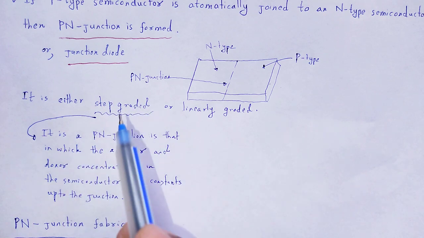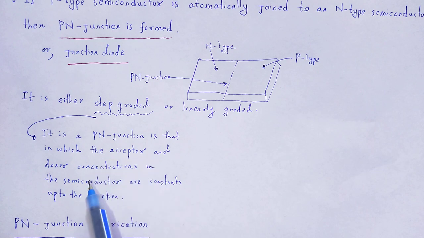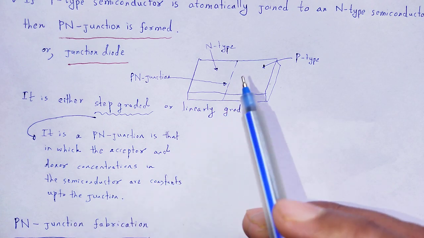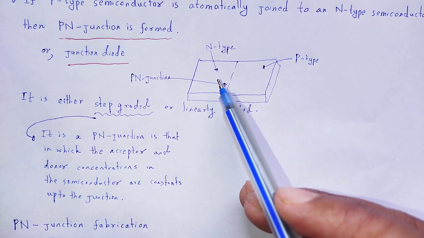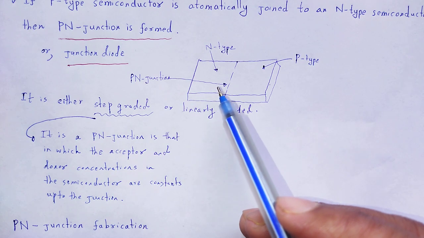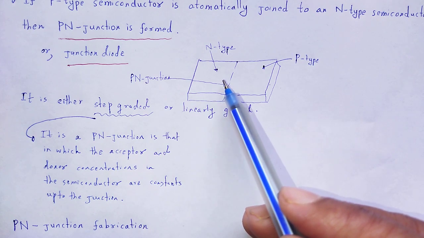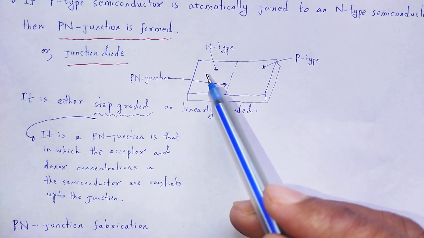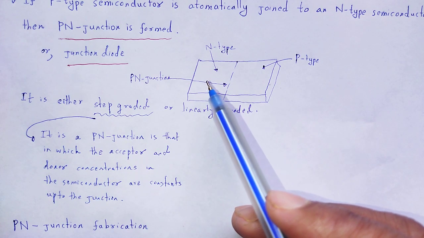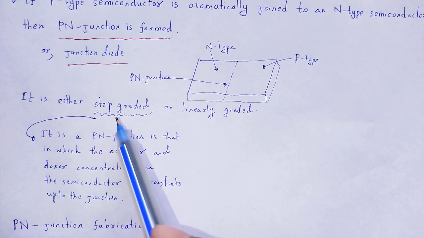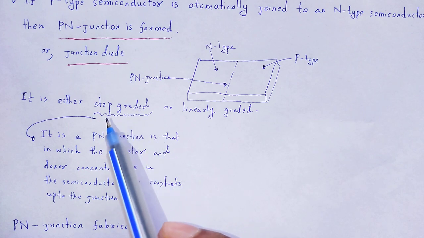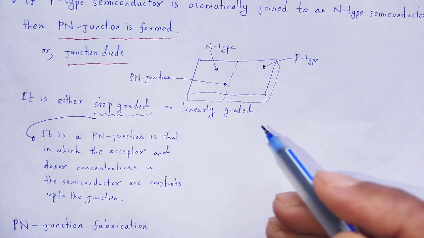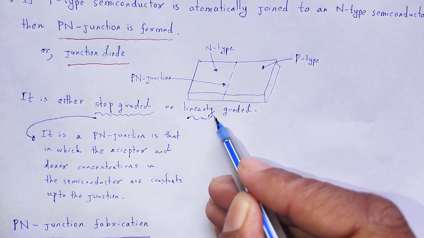In step graded, the acceptor and the donor concentration in the semiconductor is constant up to the junction. If we add donors, then the adding process is constant up to the junction. Therefore, that type of system is known as step graded PN junction.